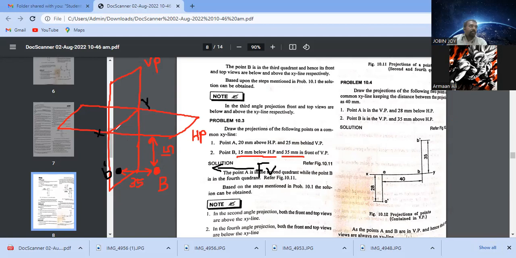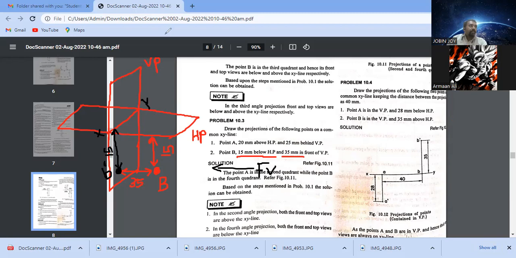What about this distance below XY line? This distance is 15 millimeter. So the front view B dash will be 15 millimeter below XY line.